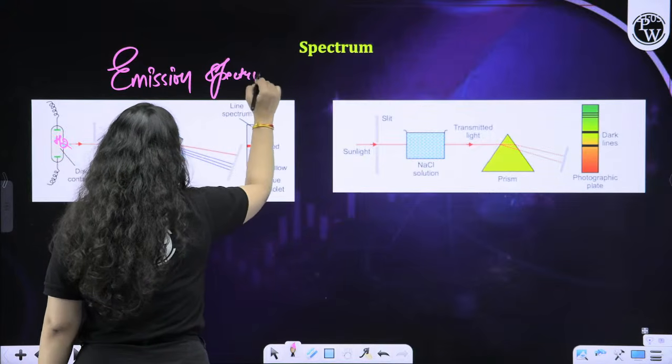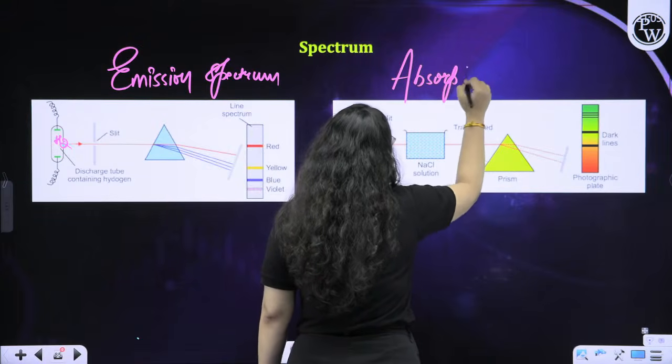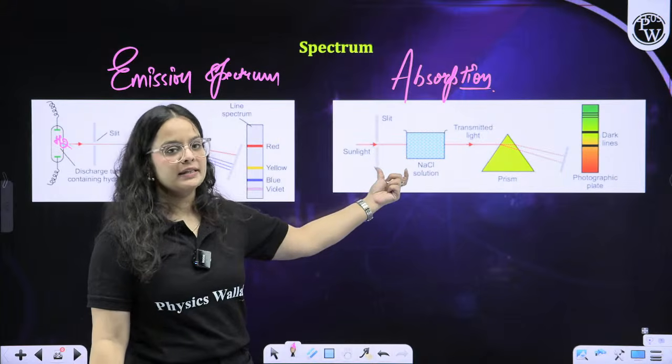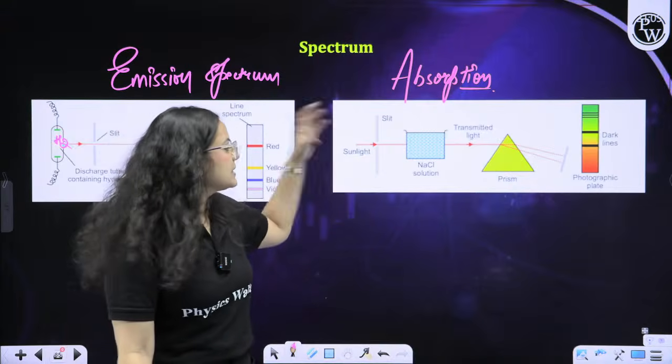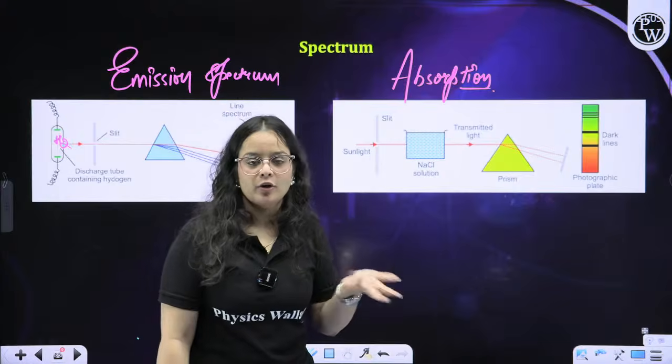Now the other one is absorption. In this absorption spectrum, I have a sample, say any XYZ sample. In this particular case, I'm taking an NaCl sample. I'm passing normal natural sunlight that contains the whole broad electromagnetic spectrum.